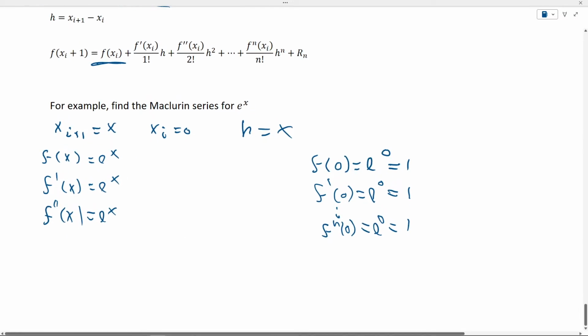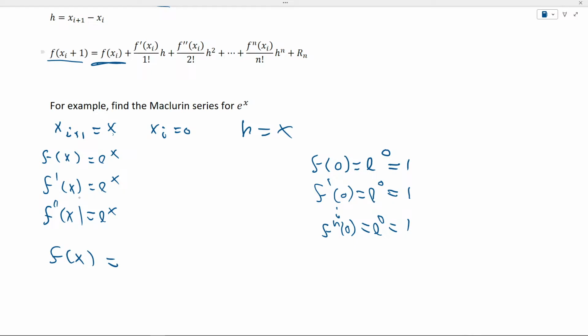So f of x, my x is equal to 1, that's x. So my f of x is equal to my original function to the power of 0, that's equal to 1, plus my first derivative, which is 1, over this guy, times h, which is x, times x.